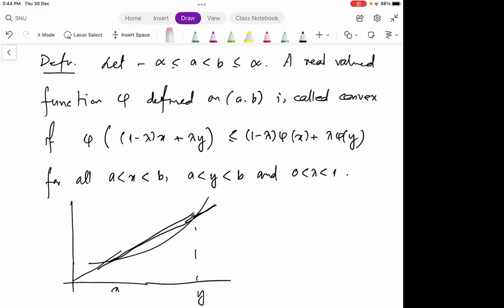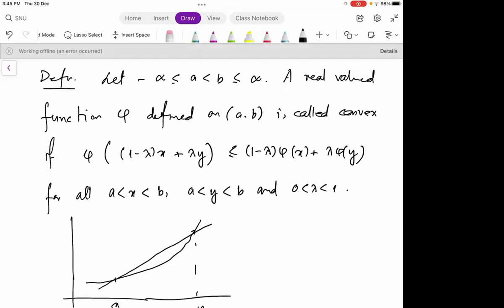I need to erase this. Okay. That's the line, (1 minus lambda) phi x plus lambda phi y.